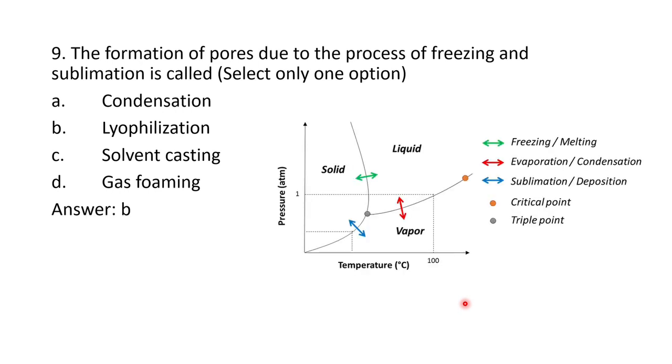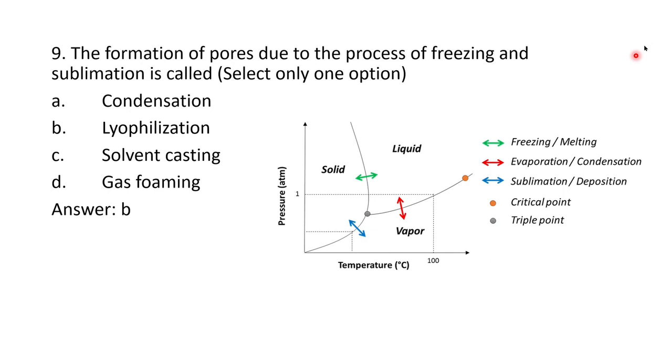Lyophilization is a process where you prepare a scaffold, like you prepare a pre-polymer mix, and when you keep it in a freeze dryer, the freeze dryer is also called a lyophilizer.